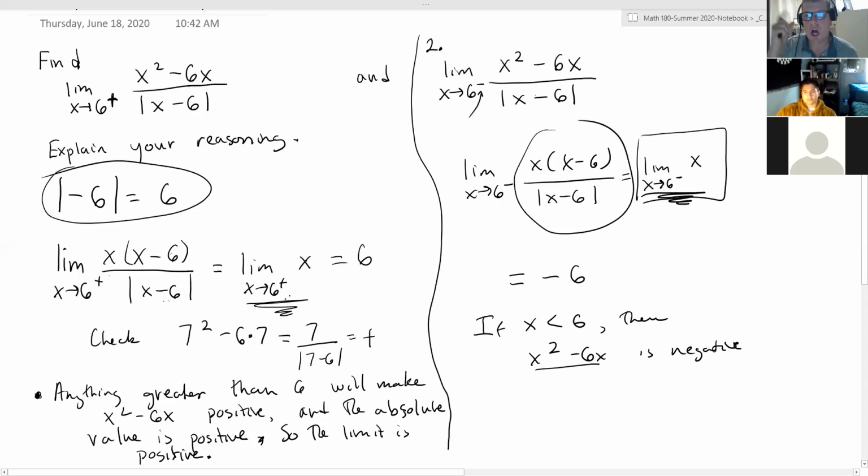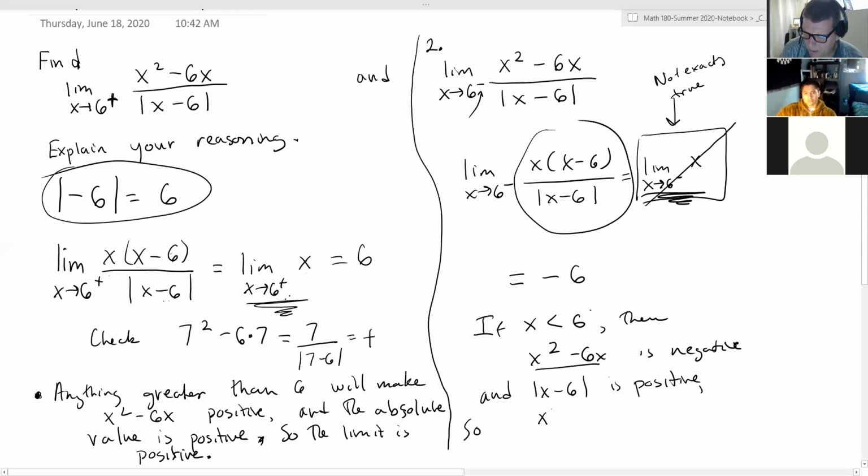So there's an argument that needs to be made here. This is not exactly true. It is and it's not, because the limit as x approaches 6 negative of x is 6, and they're different limits. So maybe we want to just say this is going to equal negative 6, because if x is less than 6, then x squared minus 6x is negative and the absolute value of x minus 6 is positive.